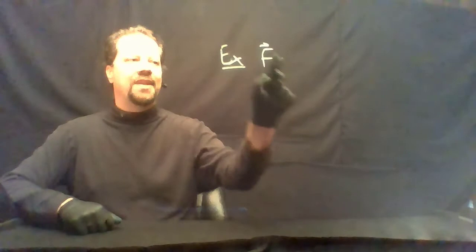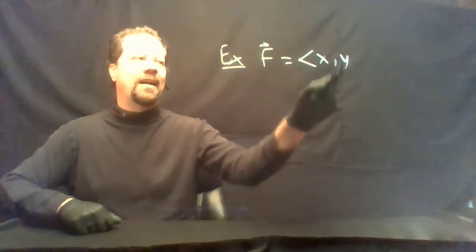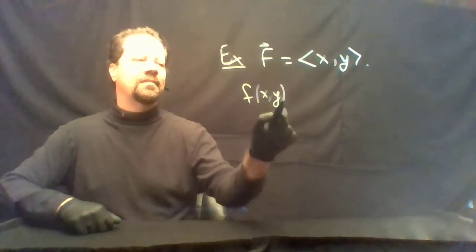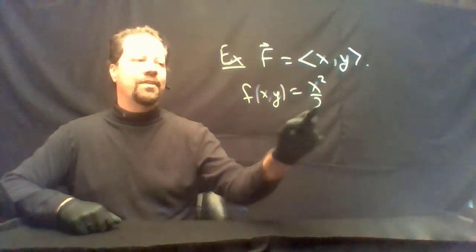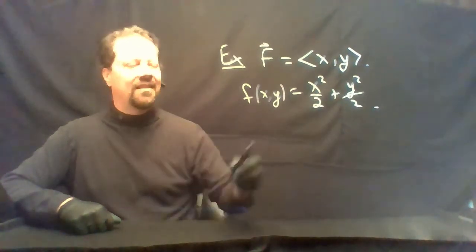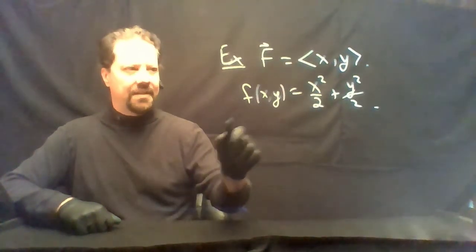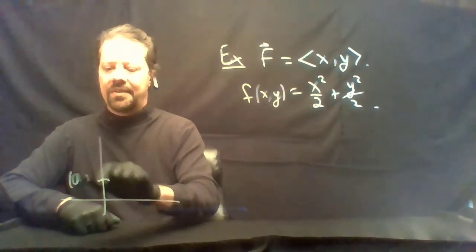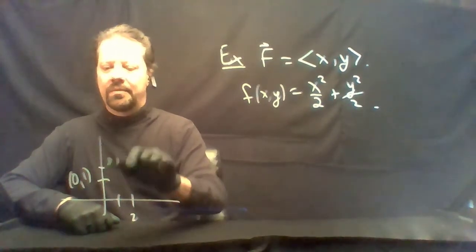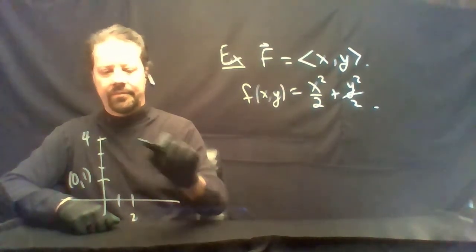our first prototype is xy. Its potential function was x squared over 2 plus y squared over 2. Let's have this go along a straight line from, say, 0, 1 to 2, 4.